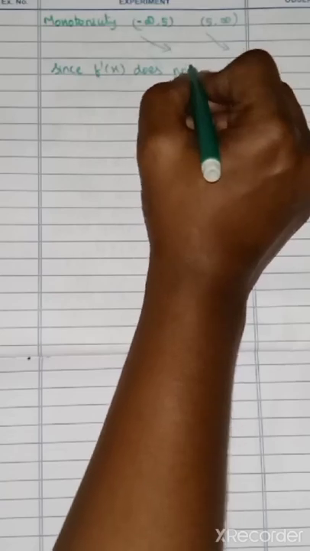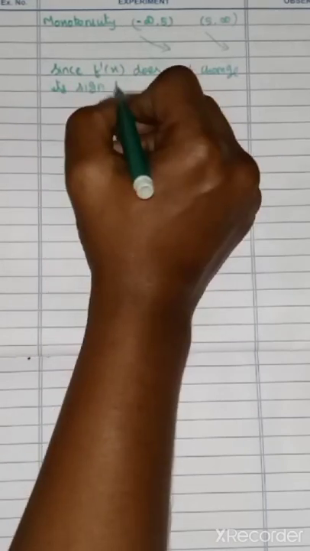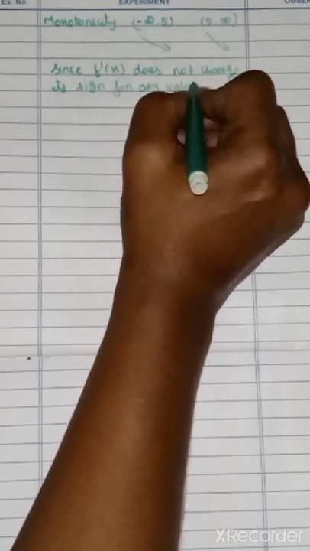Since f dash of x does not change its sign for any value of x. Correct? For any value of x.